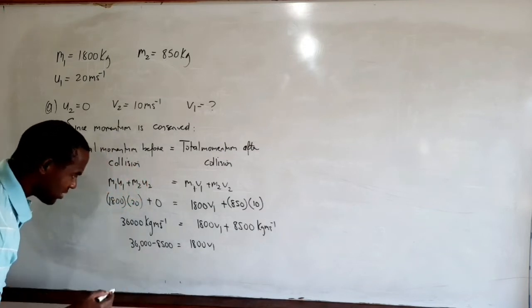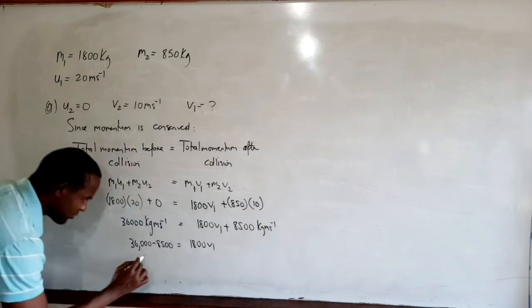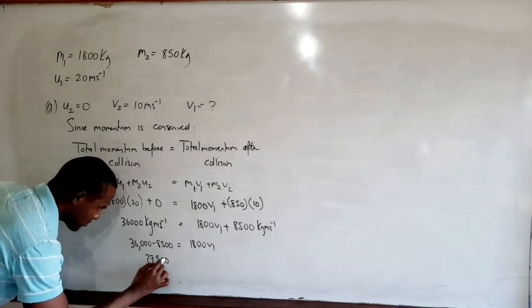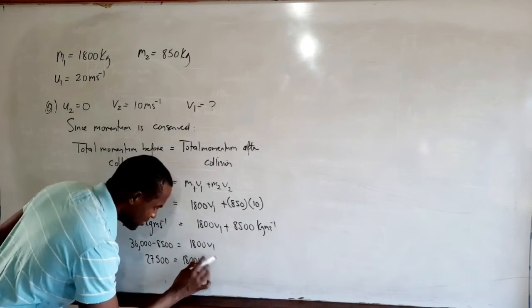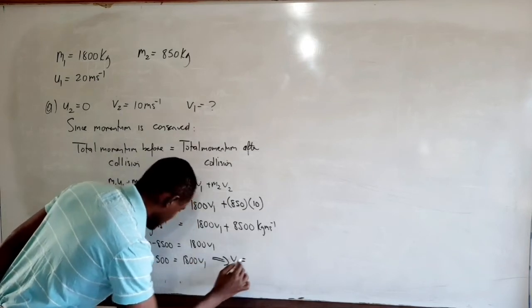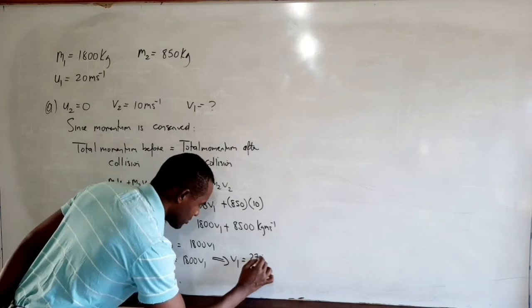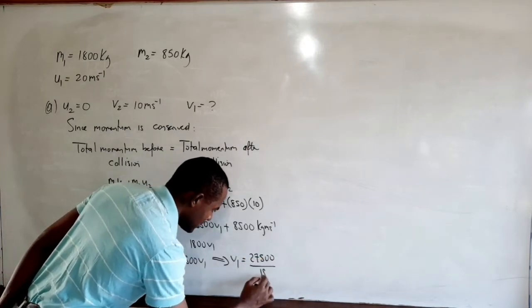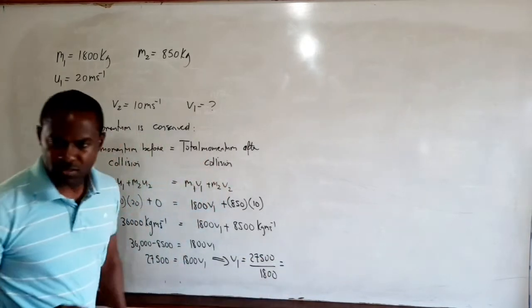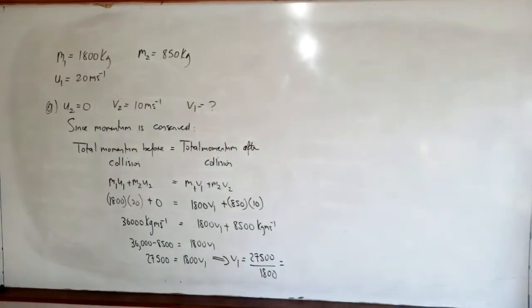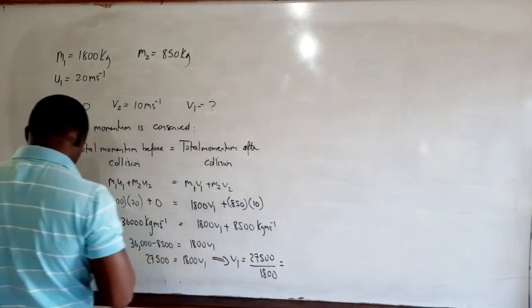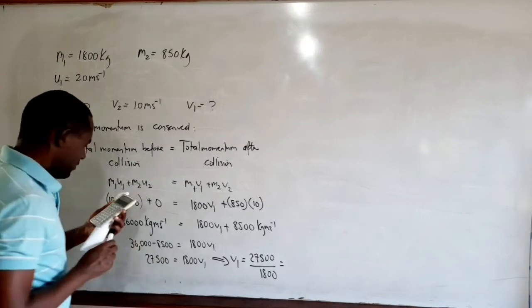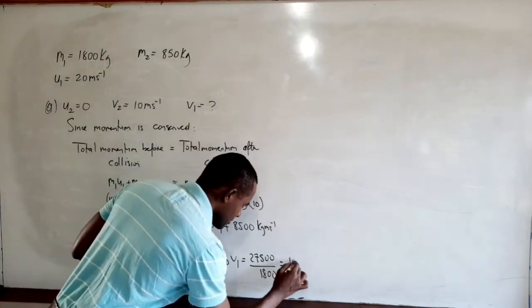And so this gives us 27,500 is equal to 1,800 v1, and this therefore means that v1 is equal to 27,500 divided by 1,800, and that gives us 15.3 meters per second.